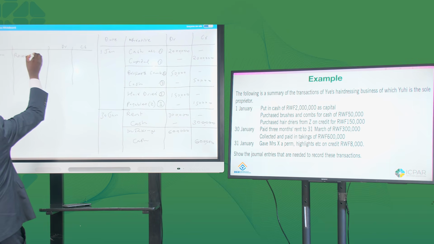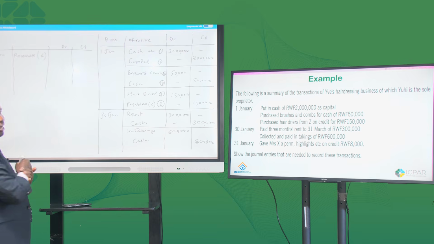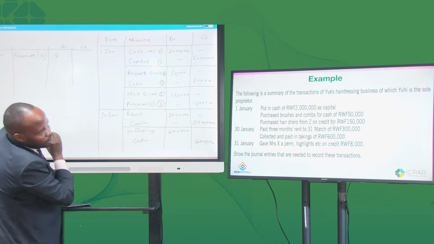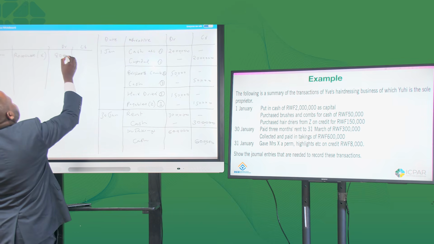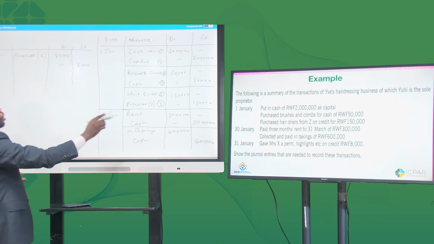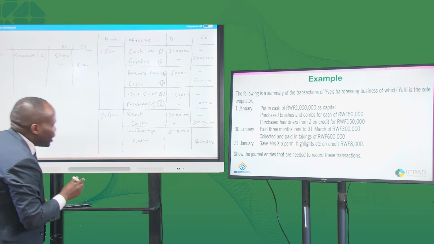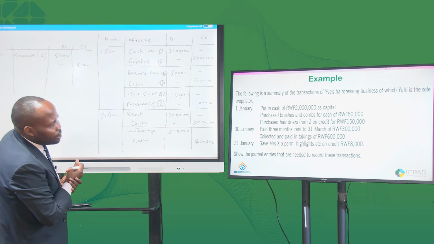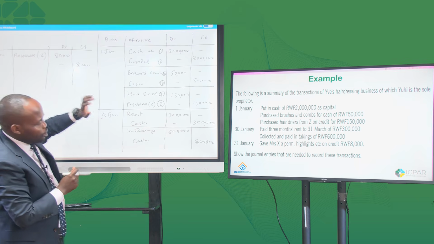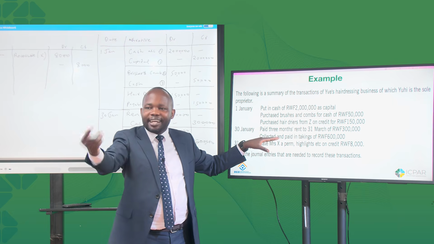So you expect to receive 8,000. And there will be an 8,000 credit entry, which we don't know, but we can read it through that. So if you sold somebody something on credit, it's a receivable.